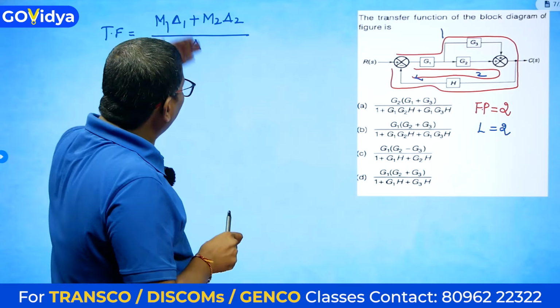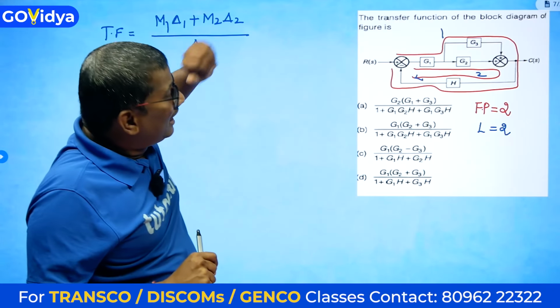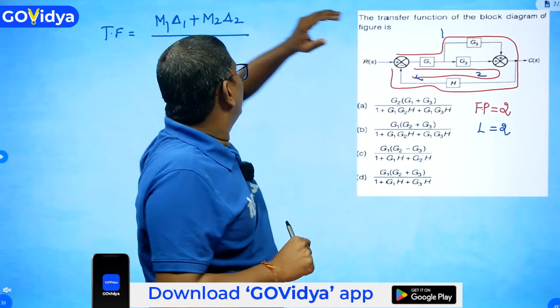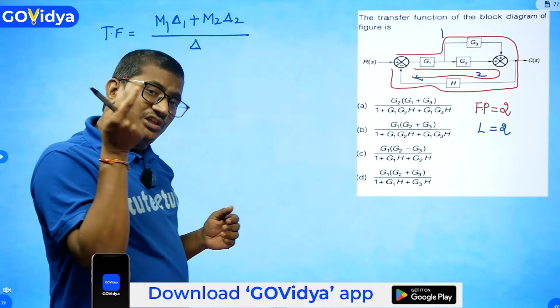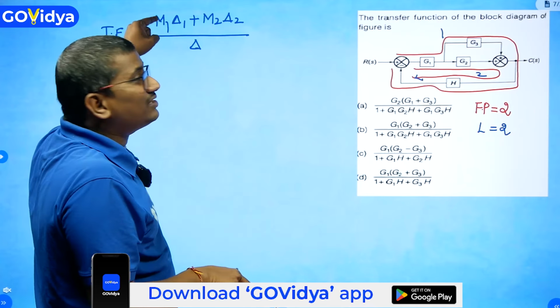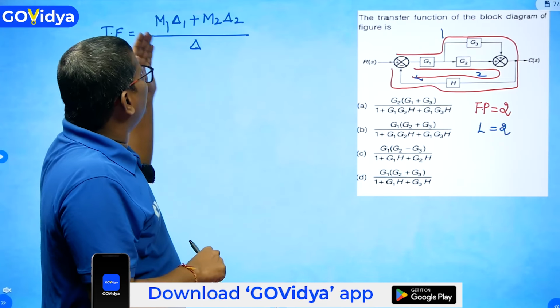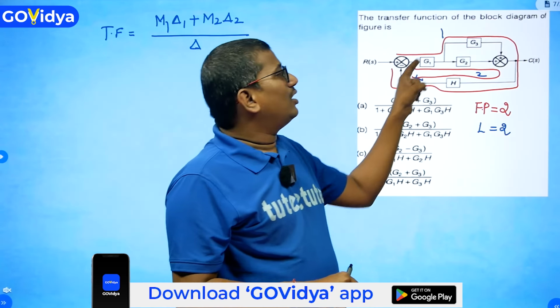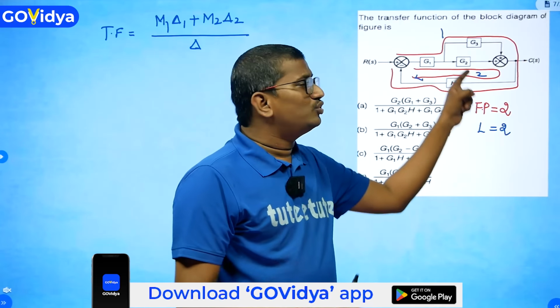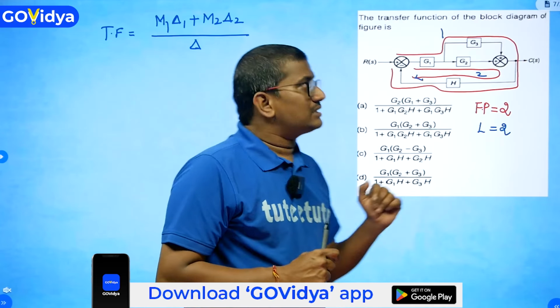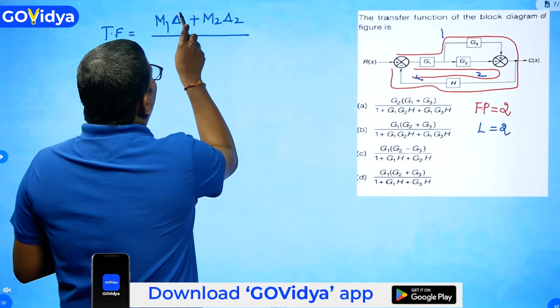So what is delta 1 for this particular thing? You have the loops, right? So I have to calculate the delta value with the loops which do not touch that forward path. How many loops are there? 2 loops are there, but the first forward path touches both of these loops. So in that case, delta 1 is 1.